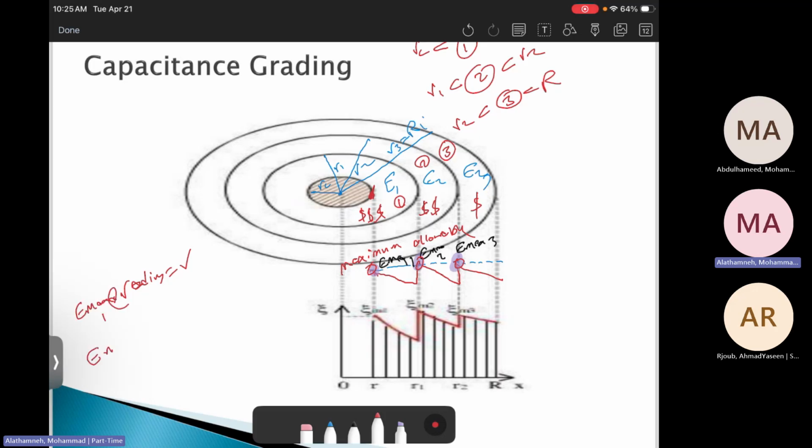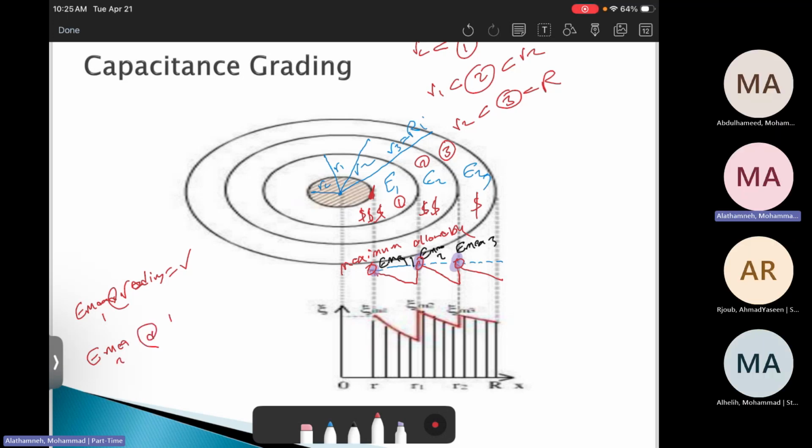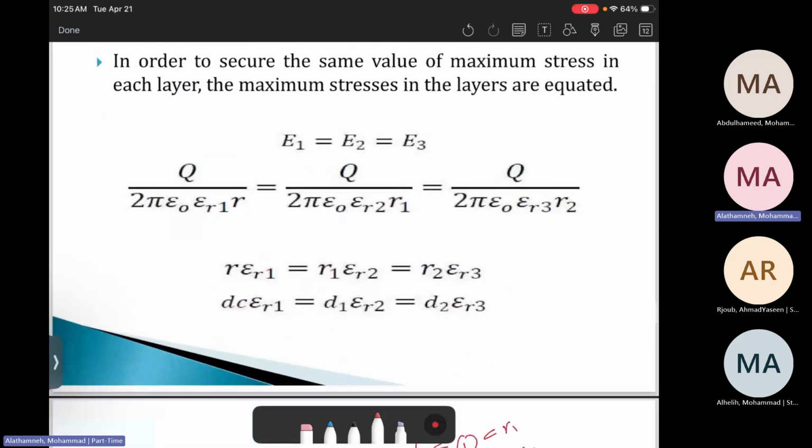The second max, Emax 2, happens when the radius equals r1. The third max happens when the radius equals r2. That's how we calculate the max. Once you understand it, it will be easy to follow. Then we just keep in mind they are all equal to each other: Emax 1 equals 2 equals 3.